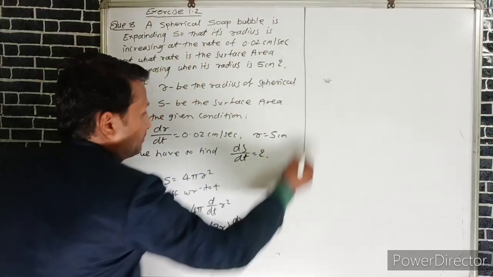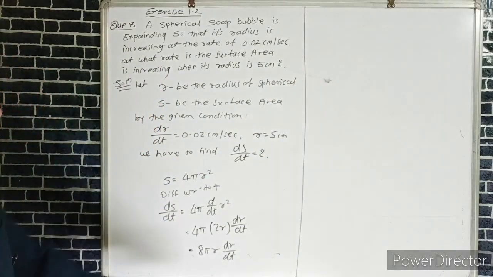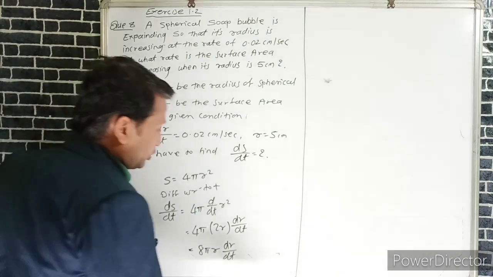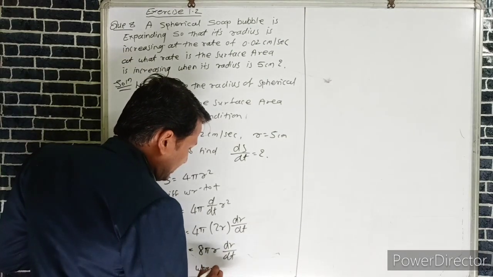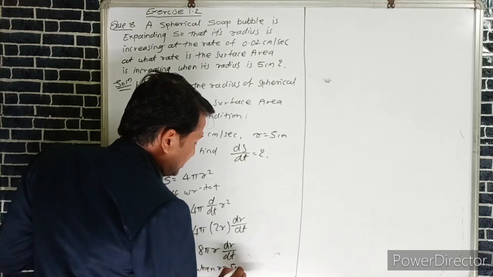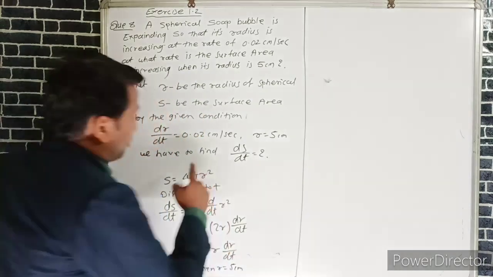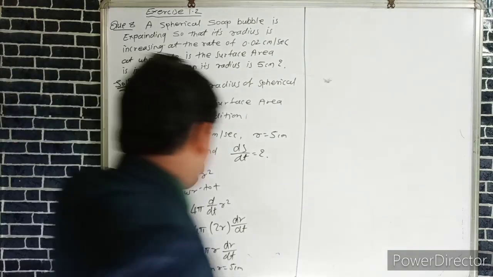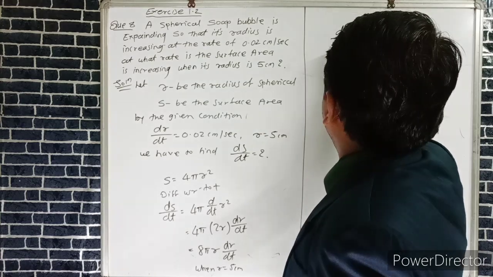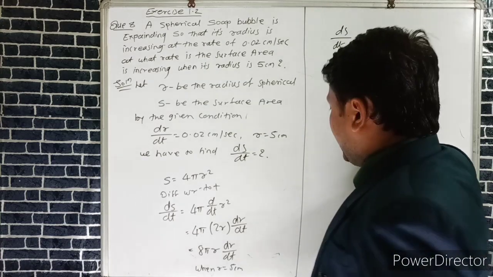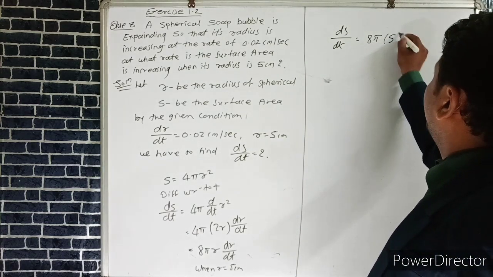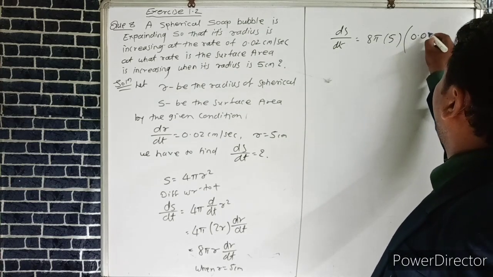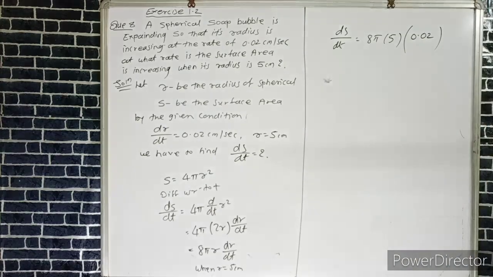So here we know that the value of r is 5 and dr by dt is 0.02. When r is equal to 5 centimeter and the rate of change of radius with respect to time t is 0.02 centimeter per second, we can write ds upon dt is equal to 8 pi r, meaning 5, times dr by dt, which is 0.02 centimeter per second.